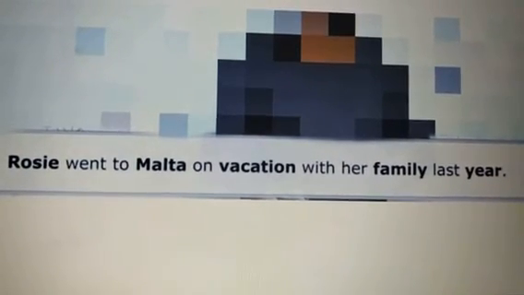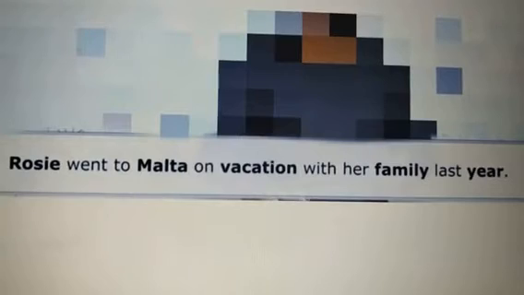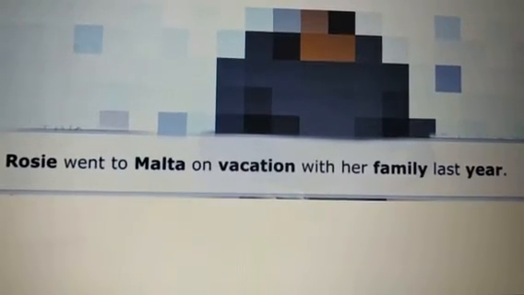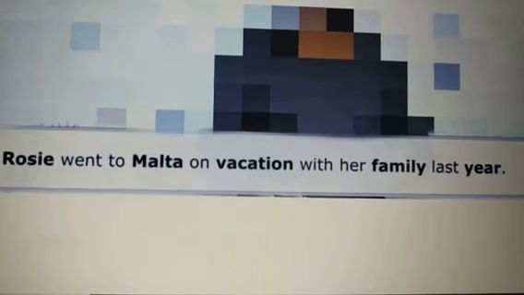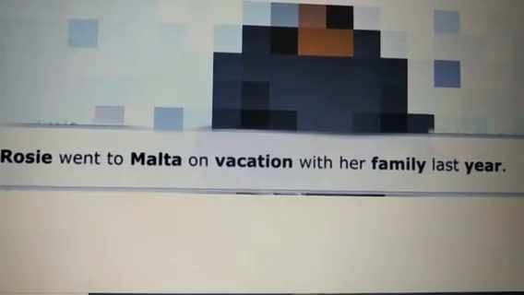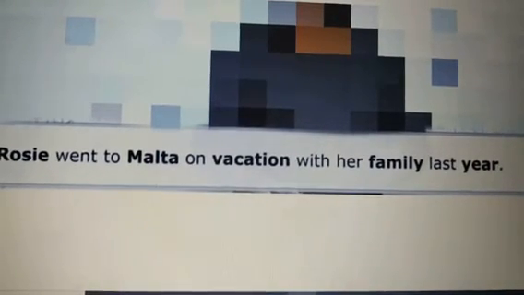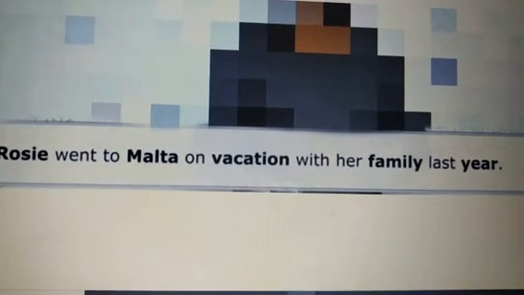The next noun is vacation. It's the name given to a type of trip. And the noun after that is family. What is a family? It's a group of people who are related to each other, like mother, father, son, daughters, etc. And the last noun of the sentence is year, because a year is just 365 days, or the time that it takes the earth to go around the sun.